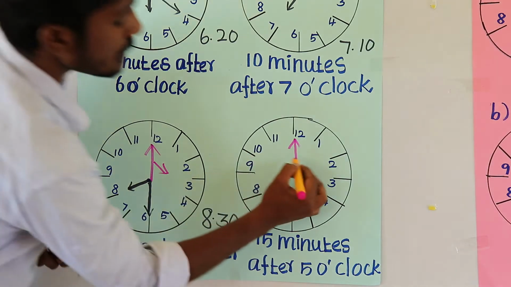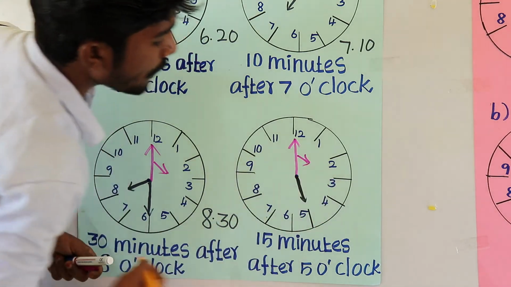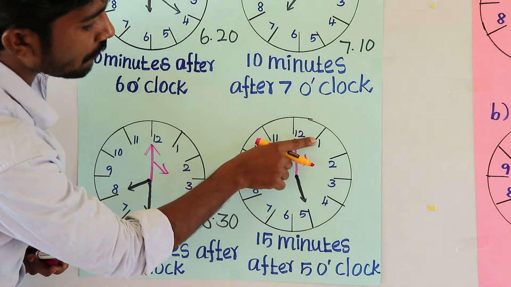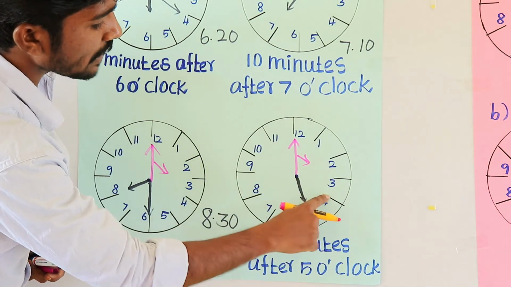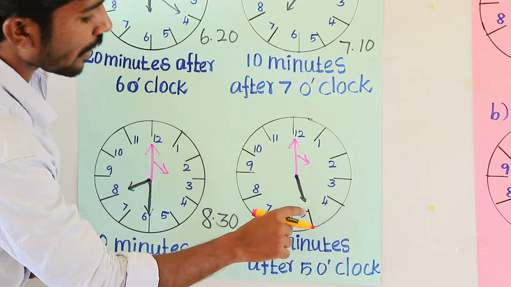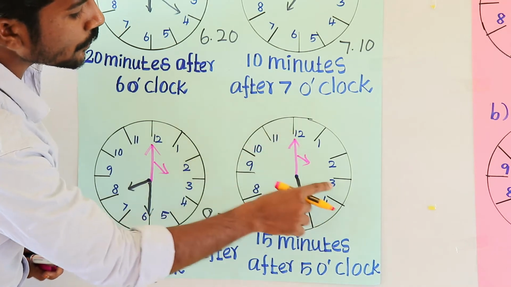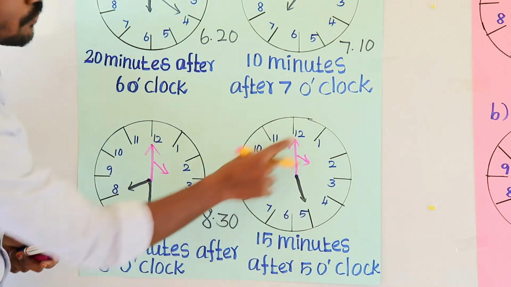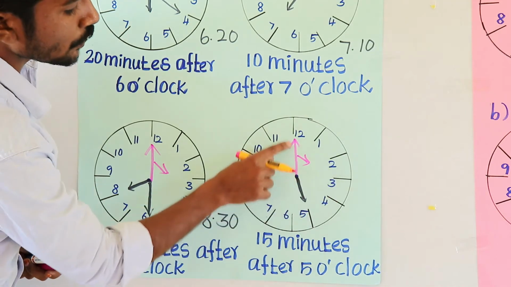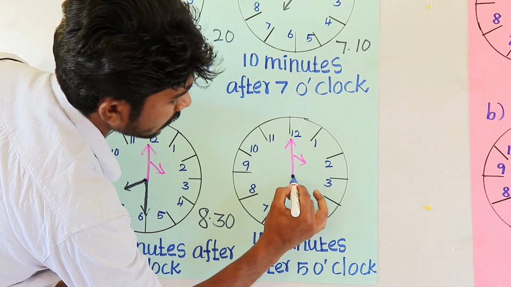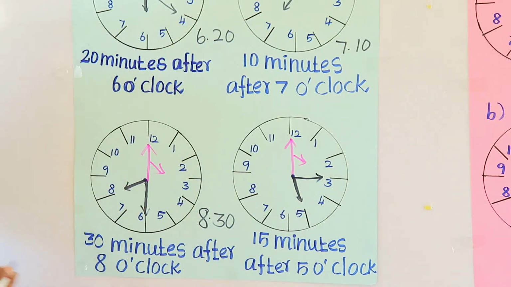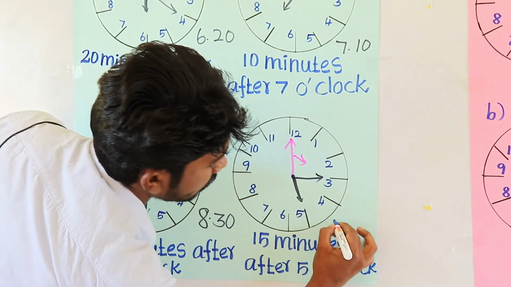So move the minute hand 15 minutes: 12 to 1, 1 to 2, 2 to 3, each 5 minutes. So 12 to 3 is 15 minutes. So the minute hand moves here. Like this. So now the time is 5:15.